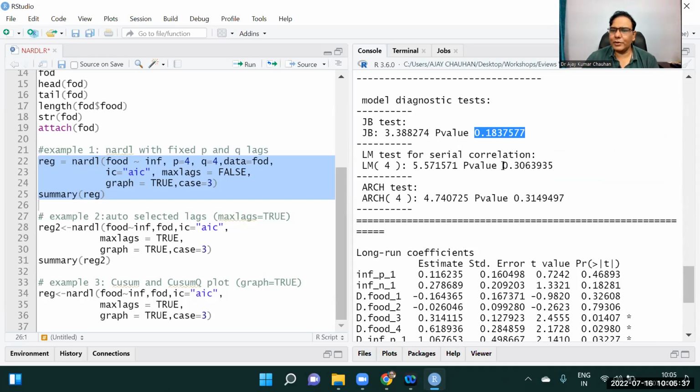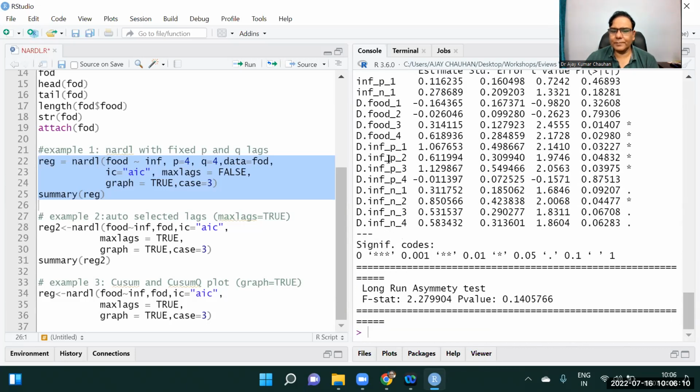The LM test is showing you the autocorrelation problem is not there because the p-value is more than 0.05. The ARCH test shows whether the AR term is significant in residuals, or basically this is called clustering of the residuals. It is not significant. So the model is fine. There is no problem in the model.